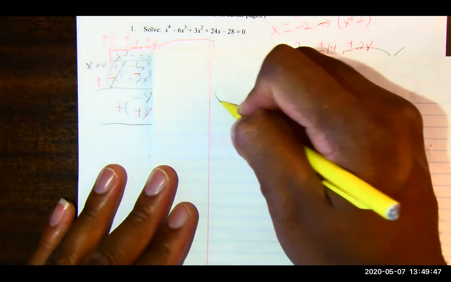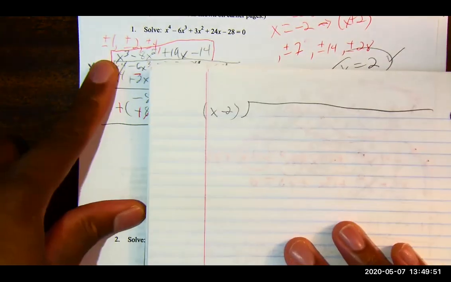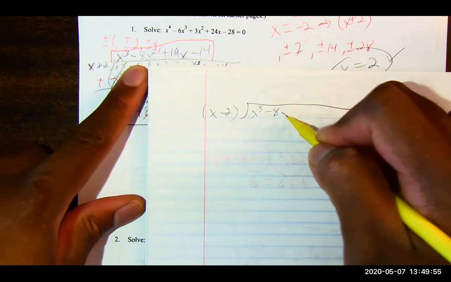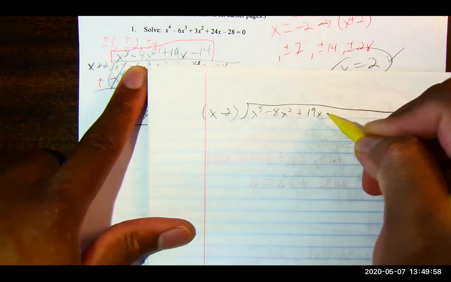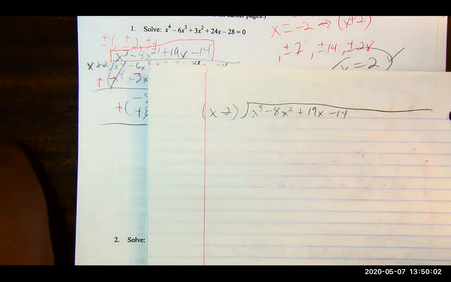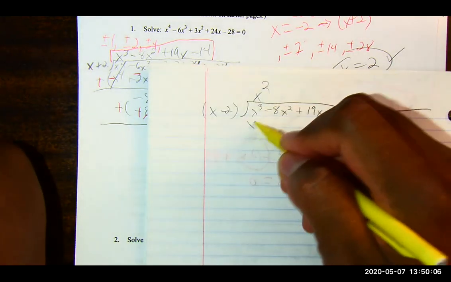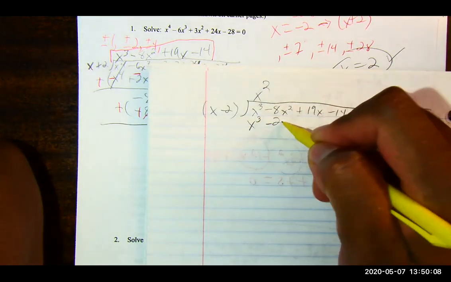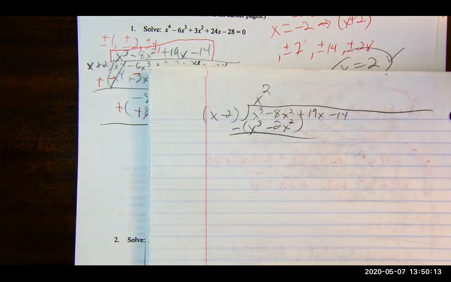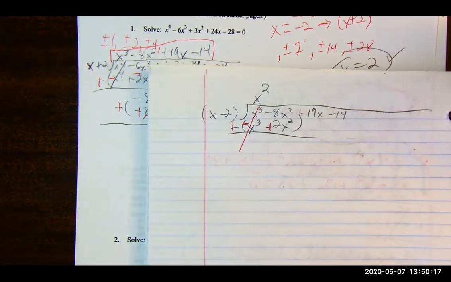So I have x minus 2, and I'm going to divide this cubic by it this time. x cubed minus 8x squared plus 19x minus 14. Here we go, do it on your own, fast forward, whatever you need to do. x squared, 2x squared, red pen, keep, flip, change, cancels out, so it worked out.